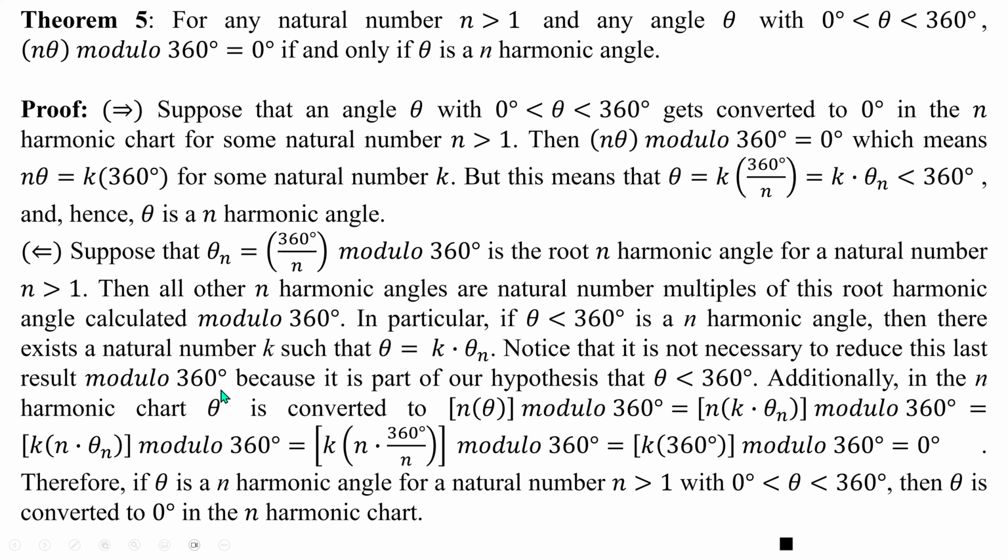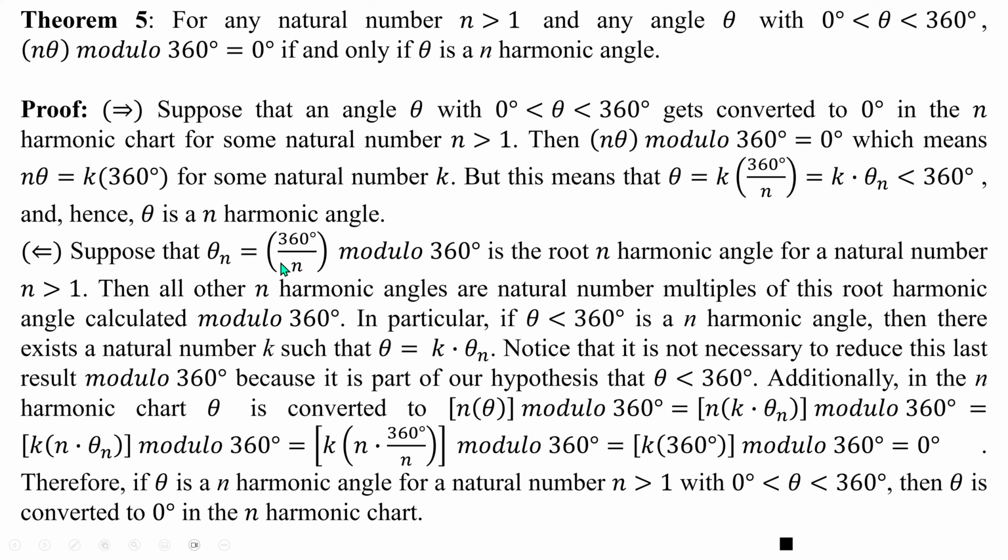We just multiply what's in our natal or beginning chart by n and reduce the result modulo 360 degrees. Well, if theta is equal to k times theta sub n, this becomes n times k times theta sub n modulo 360 degrees. And now I can just switch the order of n and k, rewrite that as k times n times theta sub n modulo 360 degrees.